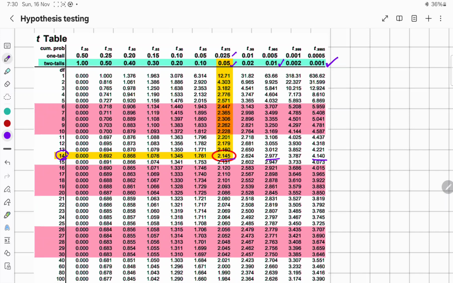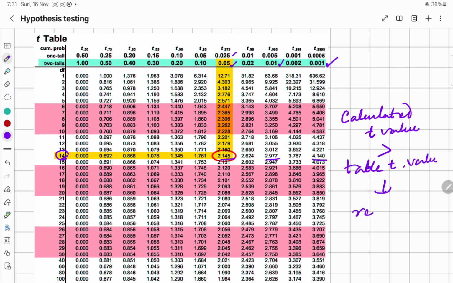This is the table t values at different levels of significance, and we will calculate a t value. The calculated t value should be more than the table t value. Then only we reject the null hypothesis.